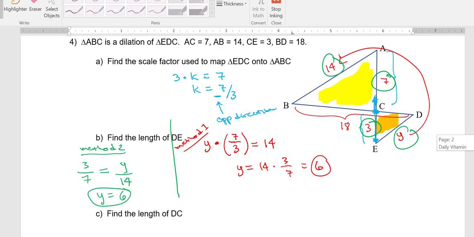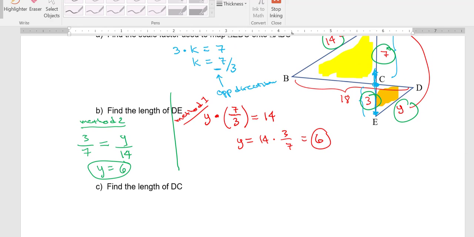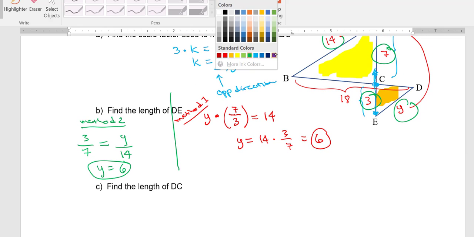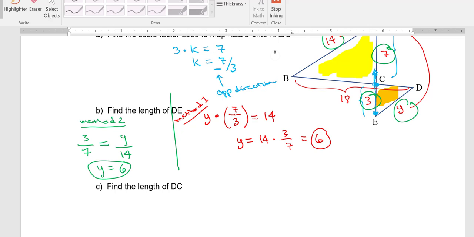Okay, so let's try that method for this next problem here, for finding the length of DC. So DC, let's call this X, and we know that the entire length is 18, so that means that this portion here is going to be 18 minus X. If this is X, and the entire thing is 18, and I subtract X, I'm going to get that portion right there for BC.